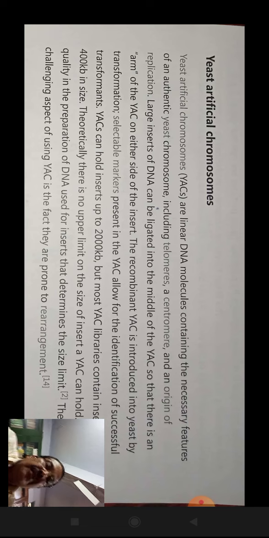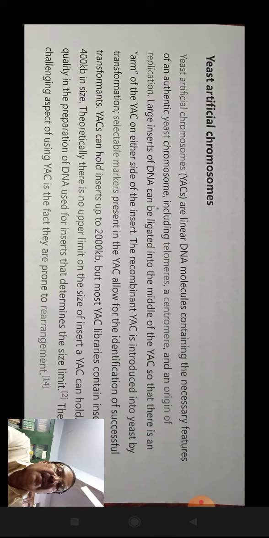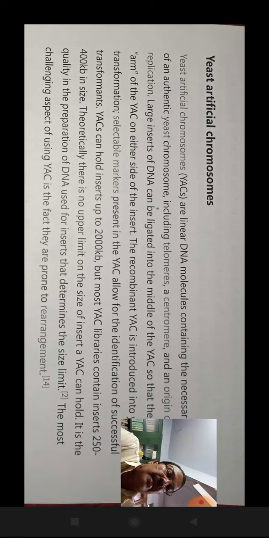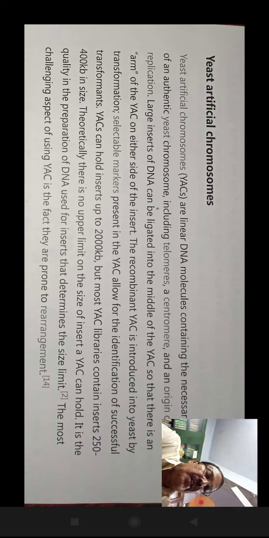Large inserts of DNA can be ligated into the middle of the YAC so that there is an arm of the YAC on either side of the insert. The recombinant YAC is introduced into yeast by transformation. Selectable markers present in the yeast artificial chromosome allow for the identification of successful transformants.